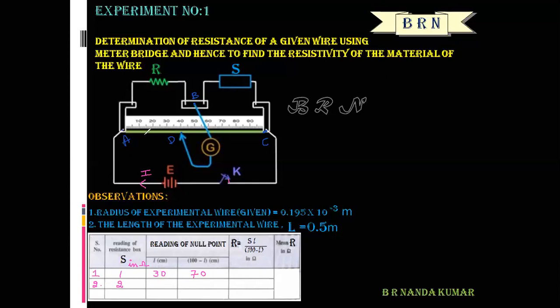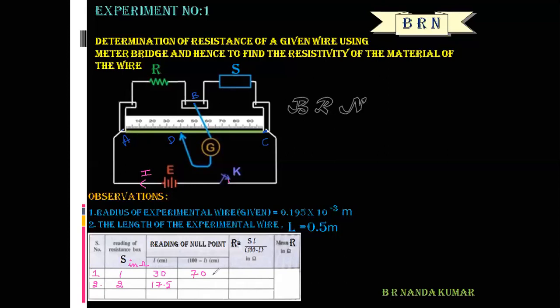For example, 2 ohm is introduced. After that, the jockey is gradually moved on the meter bridge wire until the galvanometer shows null deflection. In this case, we get the balancing length of 17.5 centimeter.